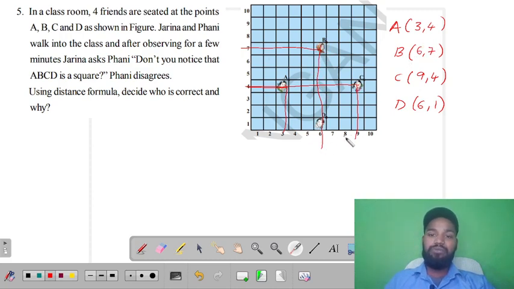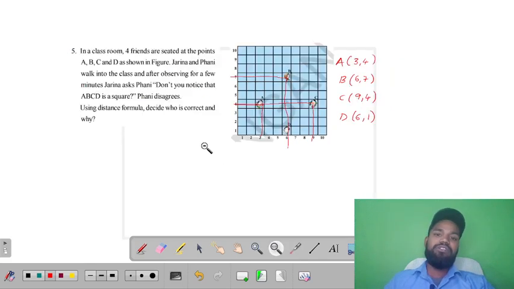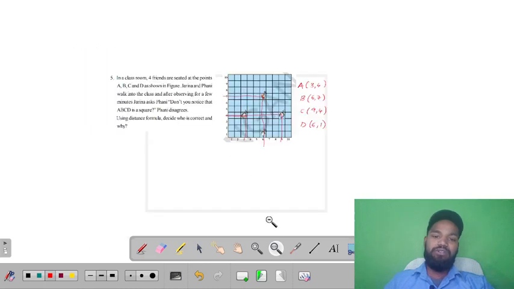Next, C is here, nothing but (9, 4). Next, D is here, (6, 1). If you make the points, then it is easy to find the distance. Let's move to finding the distances. I made the right points, right? Now I am finding the distance between each side.